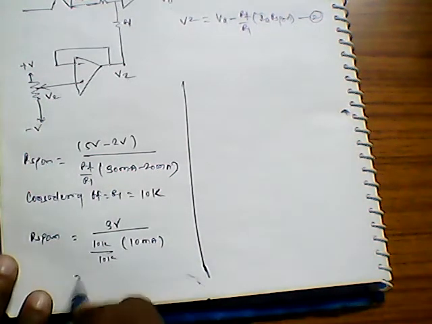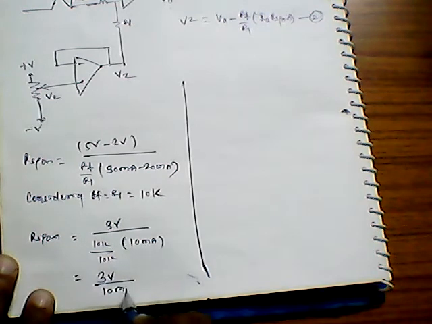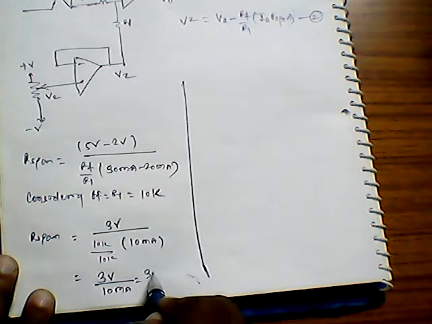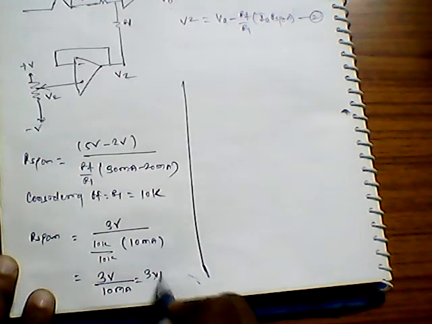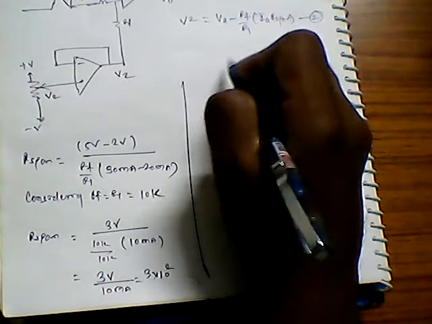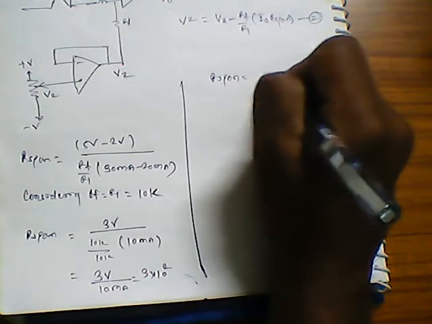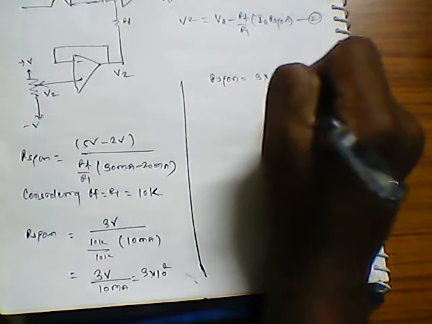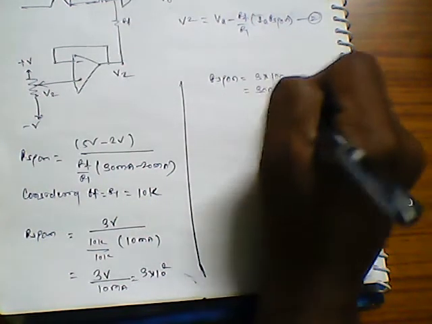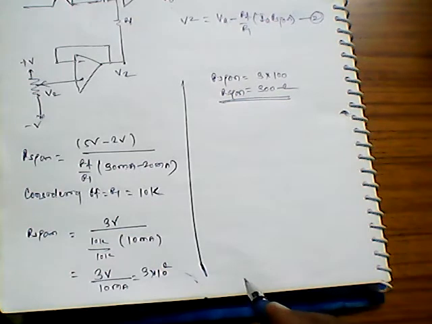So that is going to be 3 volt divided by 10 milliamps. So 3 multiplied by 10 raised to 2, that is R span is equal to 3 into 100, that is going to be 300 ohm. So this we have found out, the first thing.